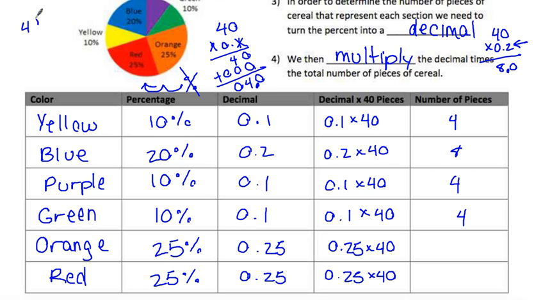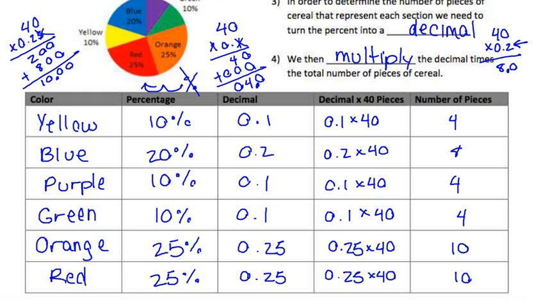And then 40 times 0.25, 5 times 0 is 0, 5 times 4 is 20. 0 for place value. 2 times 0 is 0. 2 times 4 is 8. Add them. 0, 0, 8, 9, 10. 2 place values here, so move it over 2. So that's 10 for both of these.